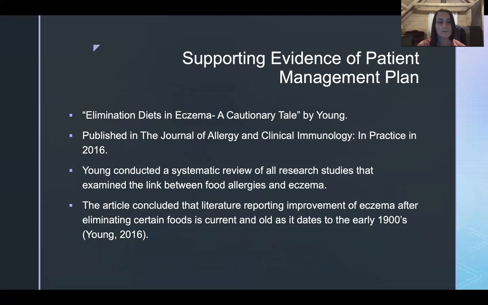Another study is Elimination Diets in Eczema: a Cautionary Tale by Young, published in 2016 in the Journal of Allergy and Clinical Immunology. Young conducted a systematic review of all research studies and examined the link between food allergies and eczema.